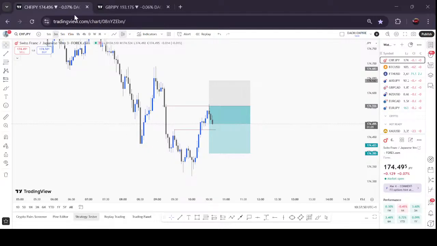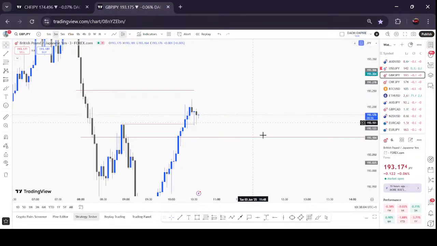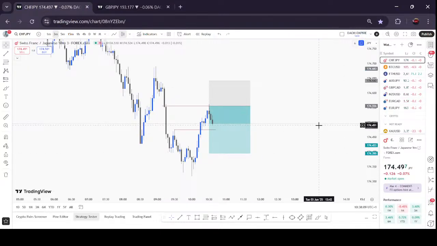While we are waiting for GBP to do its thing, we are already cashing out on CHF JPY, ladies and gentlemen.